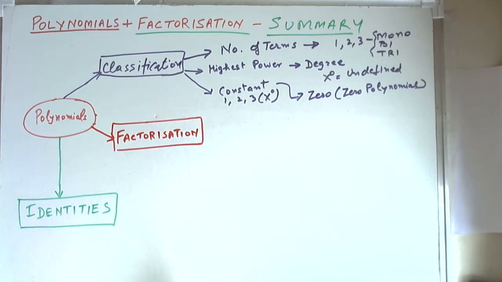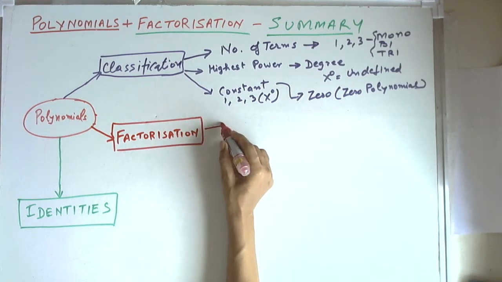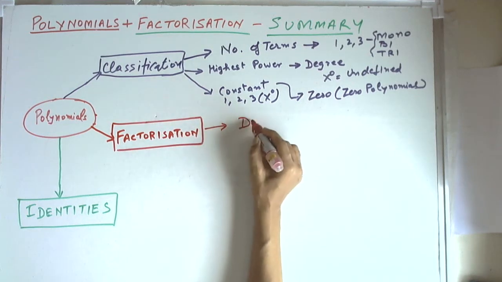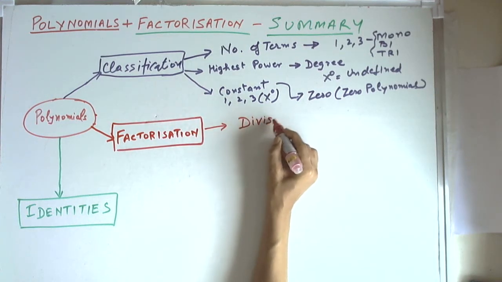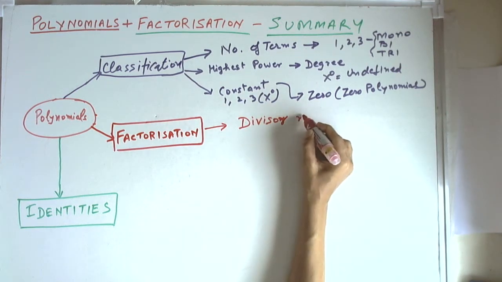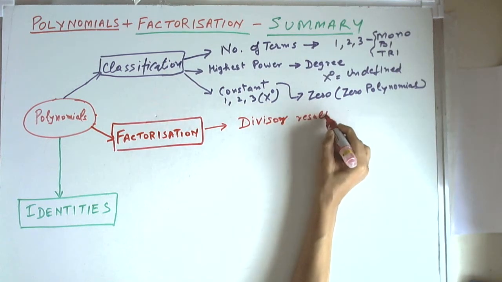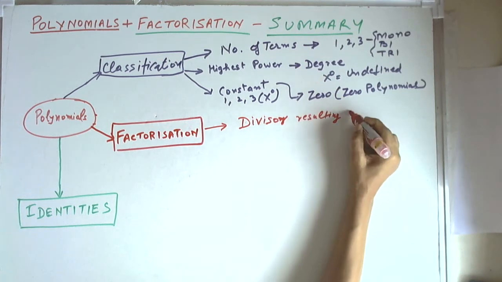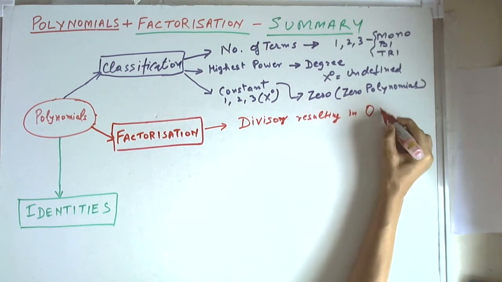After that we learned factorization, and we learned 5 methods of factorization. But first, what is factorization? It is finding the divisor resulting in 0 remainder.